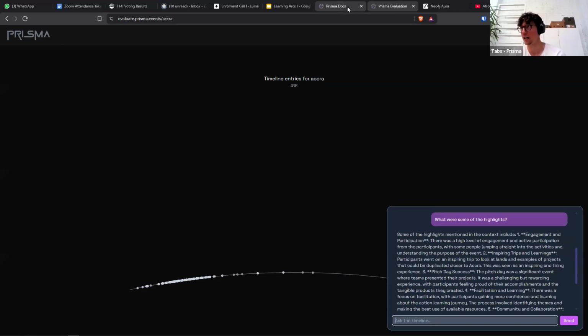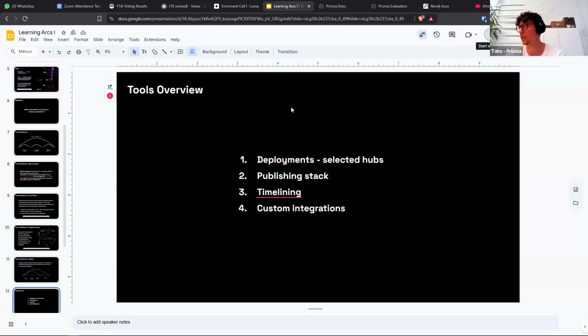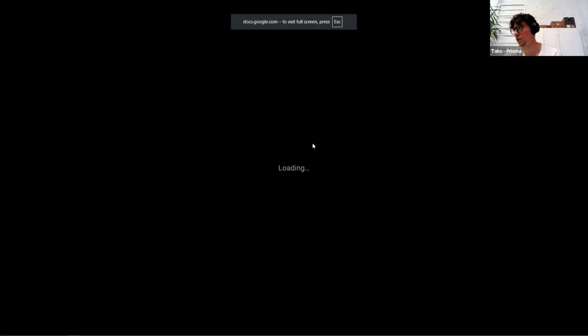Now, the reason why this diagram has these red dotted circles is because we actually want to deploy several applications to your own hub's cloud instances.